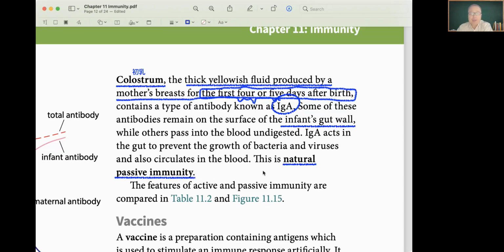So natural IgA will act in the gut, prevent the growth of bacteria and virus, and also circulate in the blood. So can I ask you, why will the new mommy pass its IgA in the colostrum to her newborn baby?